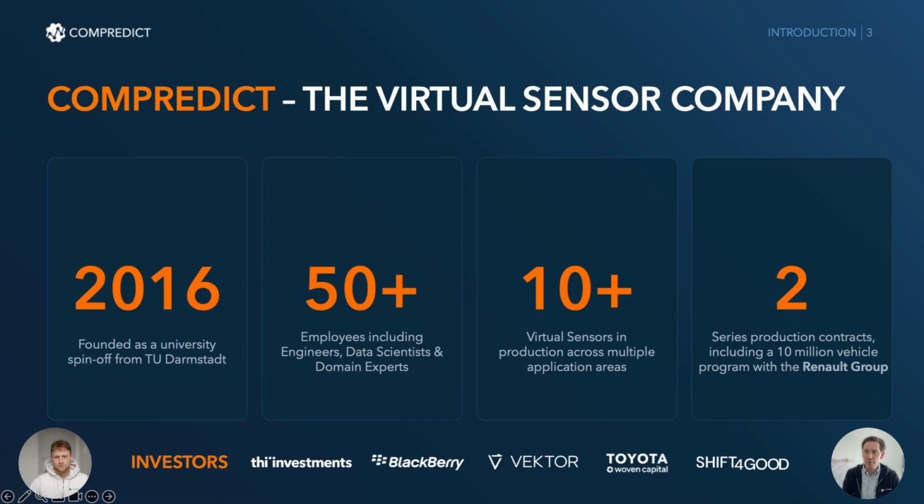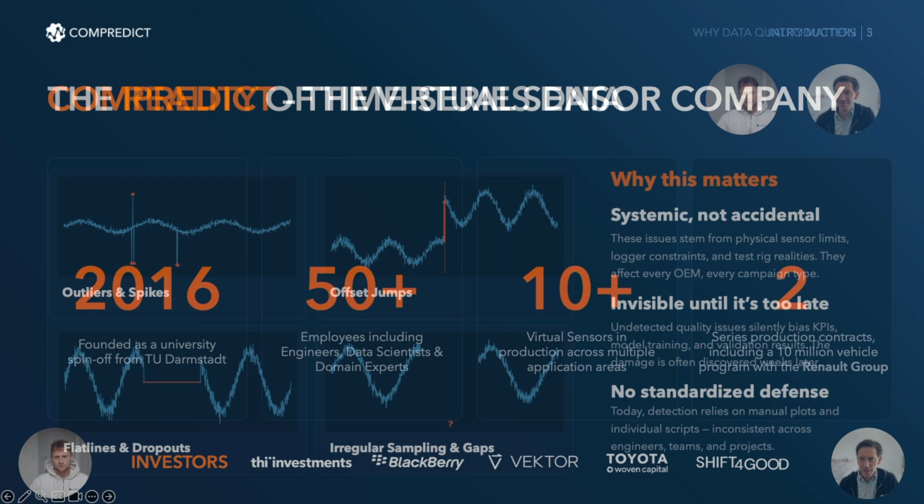Right now, we have over 10 virtual sensors in production, and we also secured 2 series production contracts, including one with the Renault Group, where we are serving 10 million vehicles with our virtual sensor for tire and brake wear.